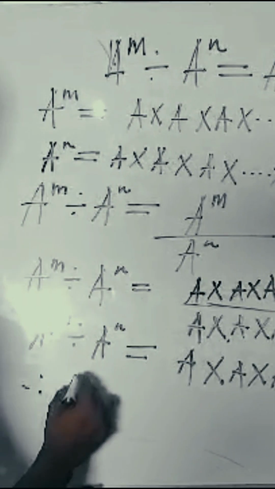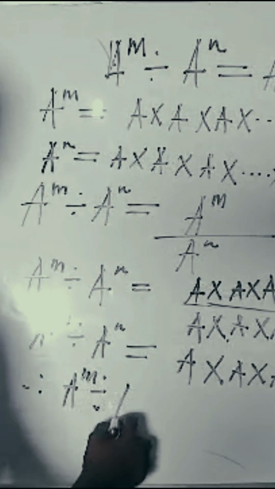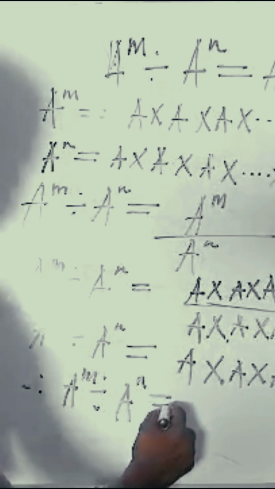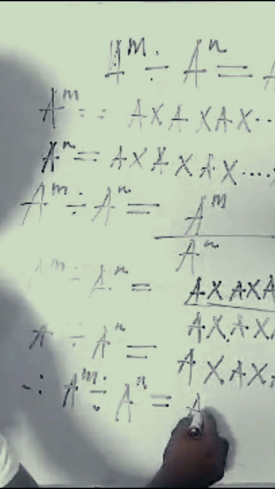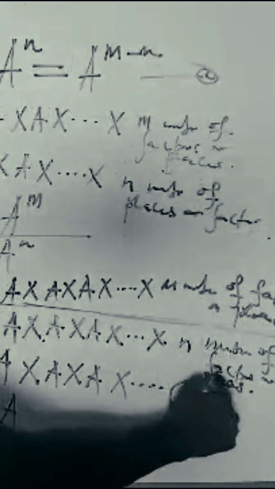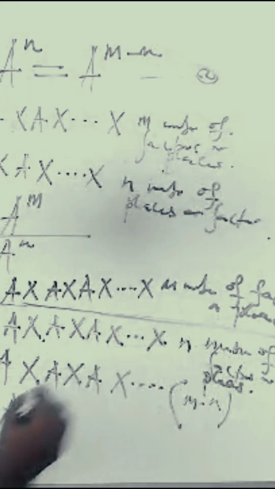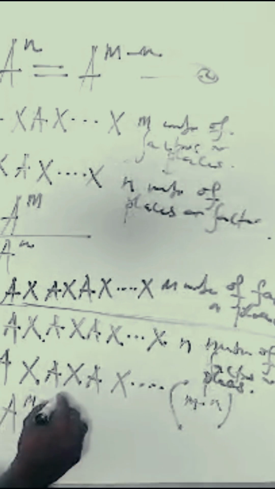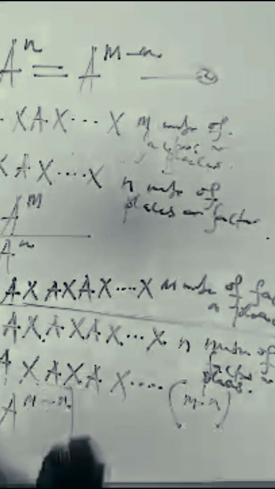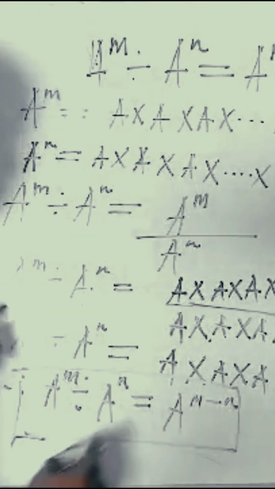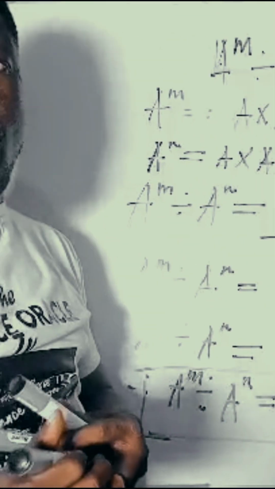Therefore, a raised to the power m divided by a raised to the power n gives us a raised to the power m minus n, the number of factors being m minus n. This is the derivation of the second law of indices.